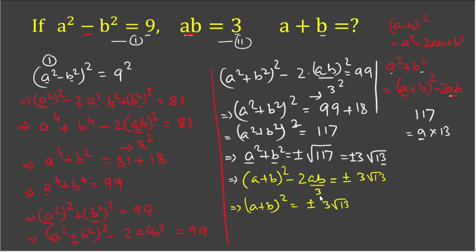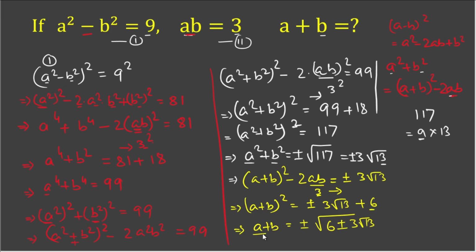The value of this term is 3 times 2 is 6, and it is negative, so on the right side it will be positive 6. So from here we can write the value of a plus b. Here we'll remove the square, so it will be plus minus square root. We'll write 6 first, so it is 6 plus minus 3 square root 13.